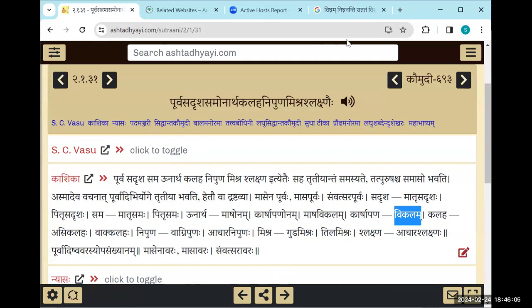You've heard the word in buses or trains: anga vikalaha, anga vikalon ke liye. Is it there in Delhi? Might be there. Who is anga vikala? Vikala means what? Kala means a part. Vikala, vigata kalaha yasmat, one from whom a part has gone away. Bereft of a part. What will be called vikala?